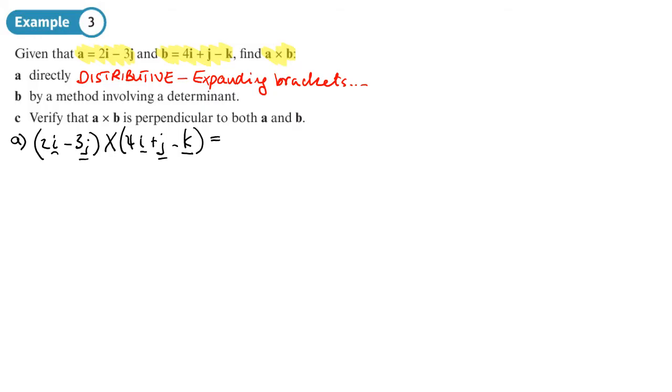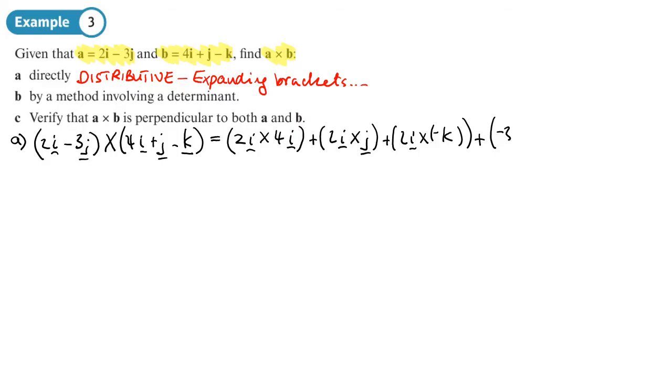Right, so if we do that, we will get 2i cross 4i plus 2i cross j plus 2i cross negative k plus negative 3j cross 4i plus negative 3j again cross j, and then one more plus negative 3j cross negative k.